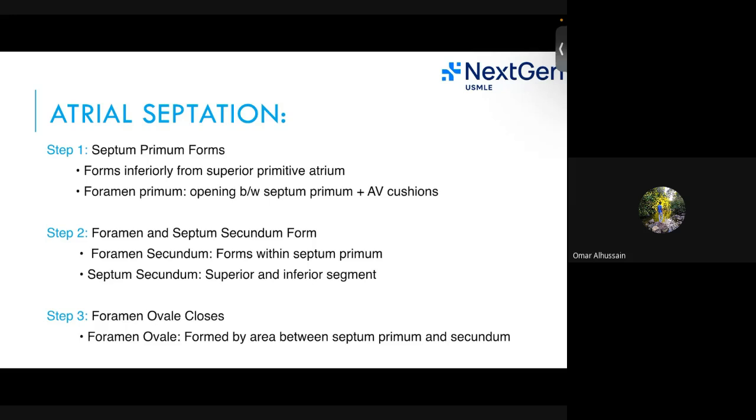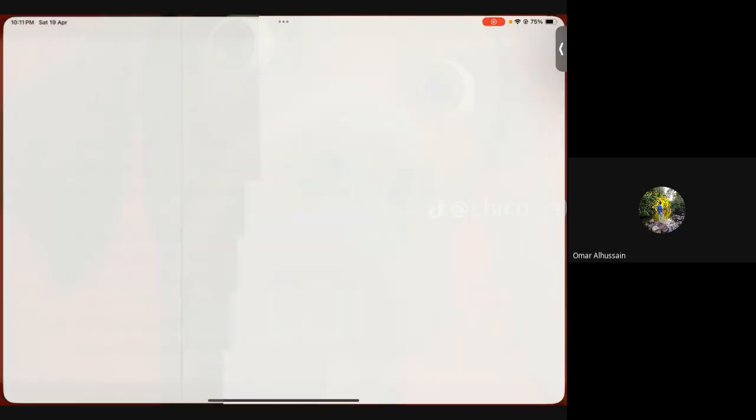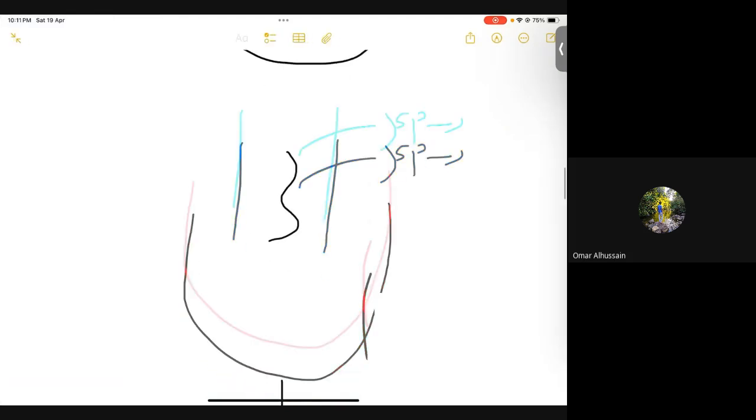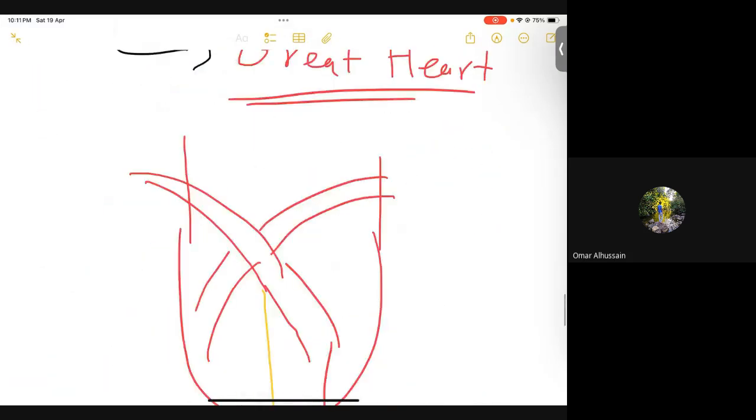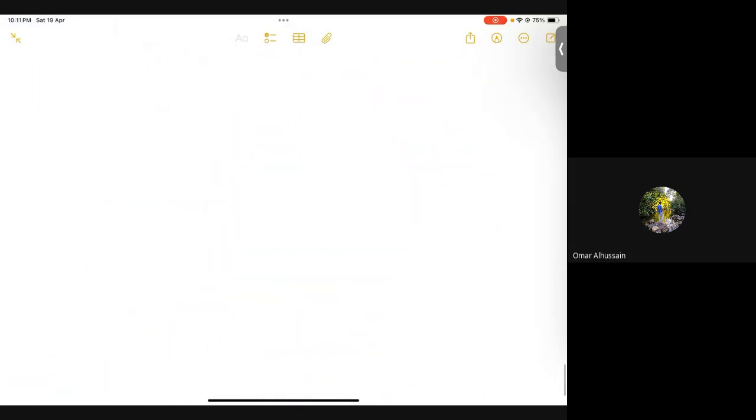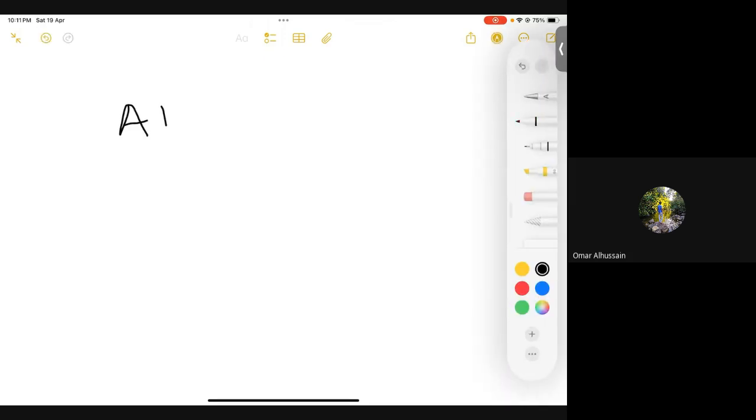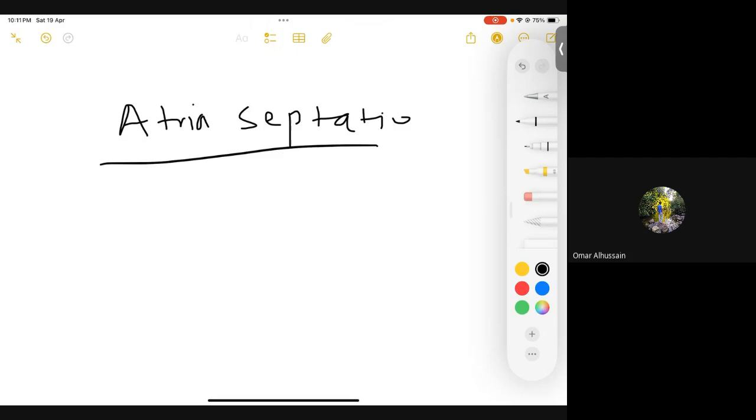Very high yield. Before discussing atrial septation, I'll refer to my notes and give you the concept, and everything is going to be quite easy for you. Atrial septation, as the name indicates, between our atria we have a septum.